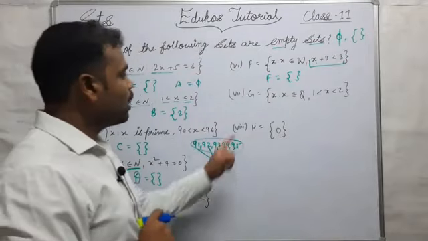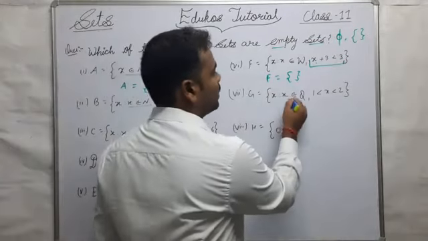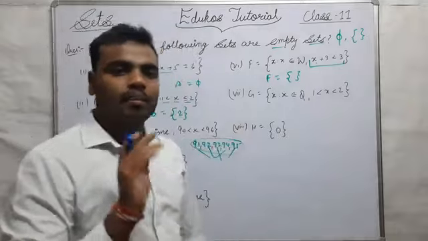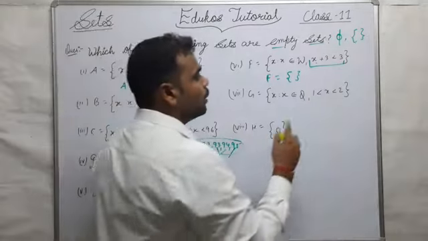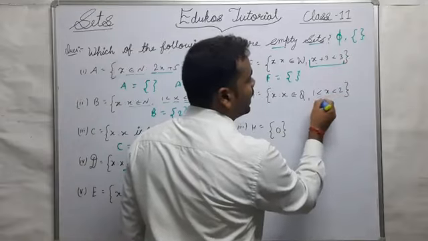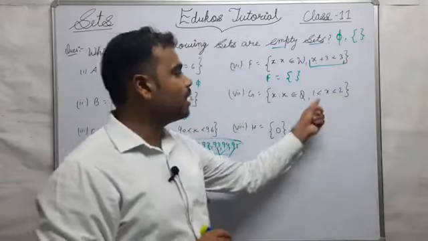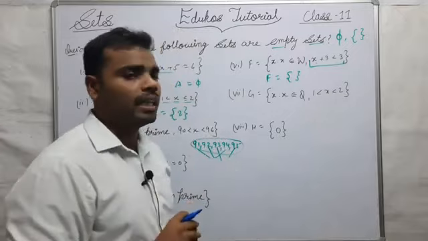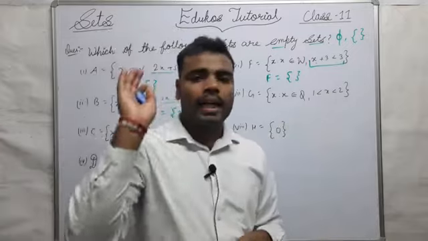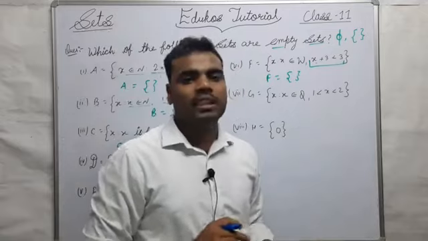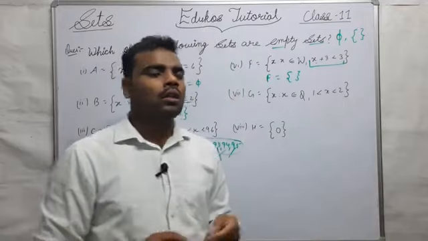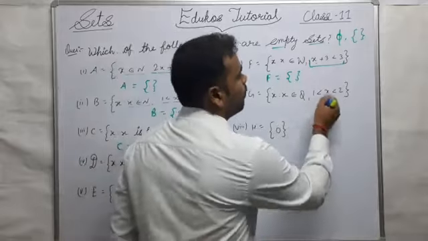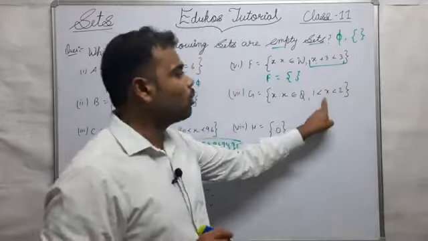Now in G, x such that x belongs to Q. Q is the set of rational numbers, which can be written in p by q form. It is given that x is greater than 1 and less than 2. There can be infinitely many numbers in the set, for example 1 whole 1 by 2, 1 whole 3 by 4.